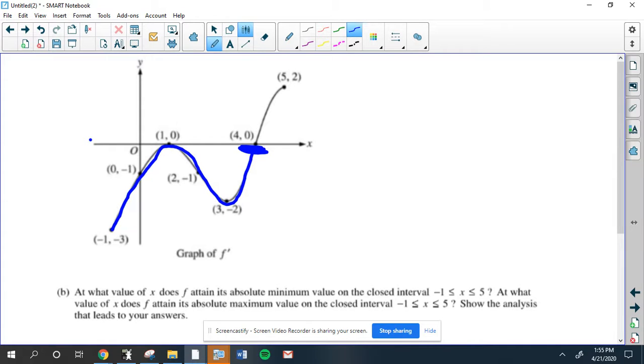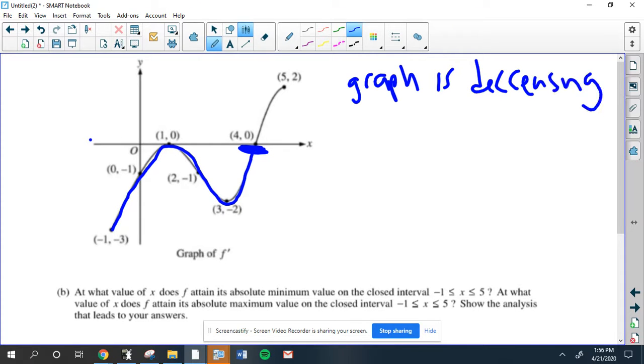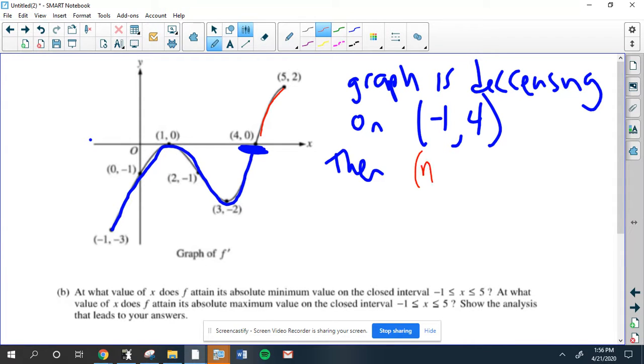So looking at this graph, it's decreasing on -1 to 4. Then it's increasing from 4 to 5.